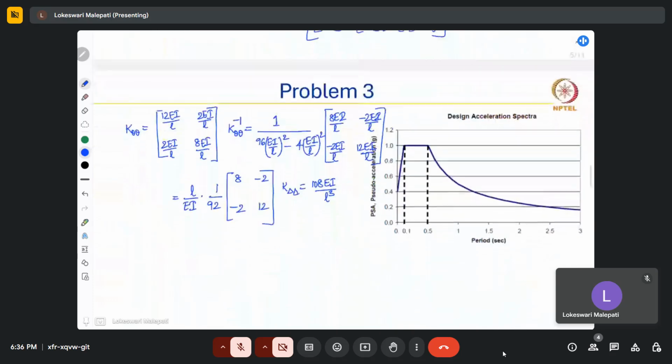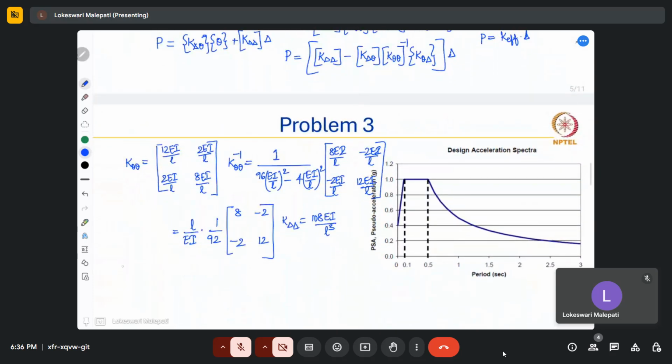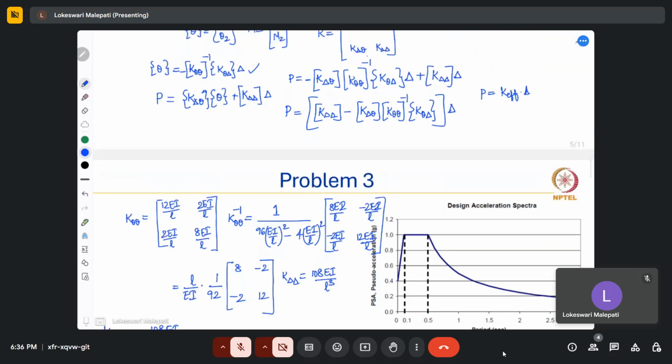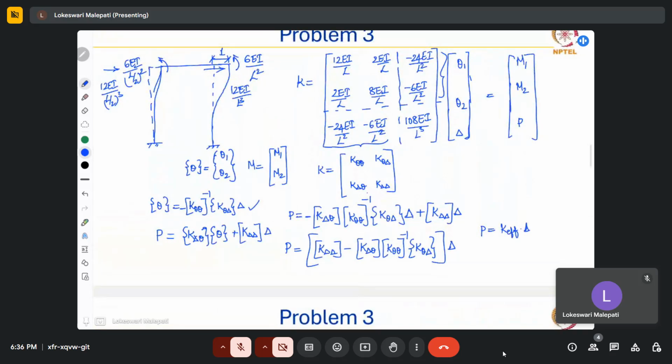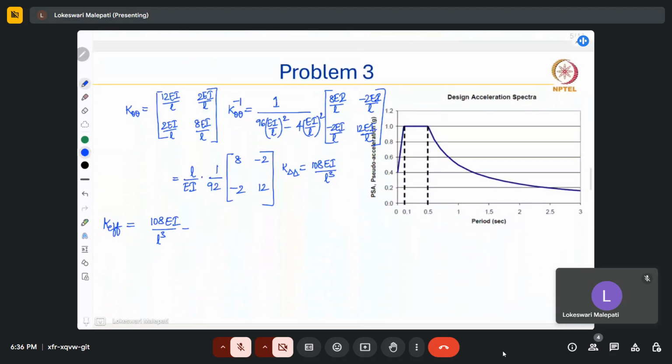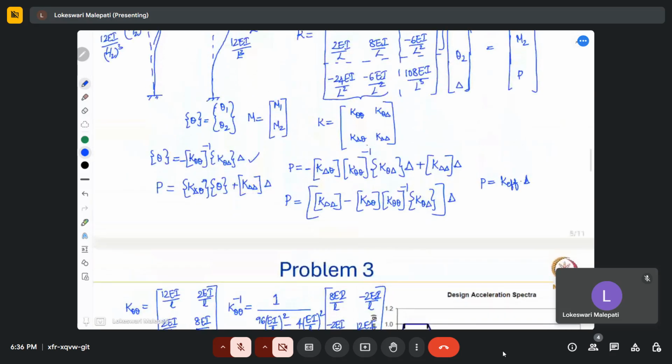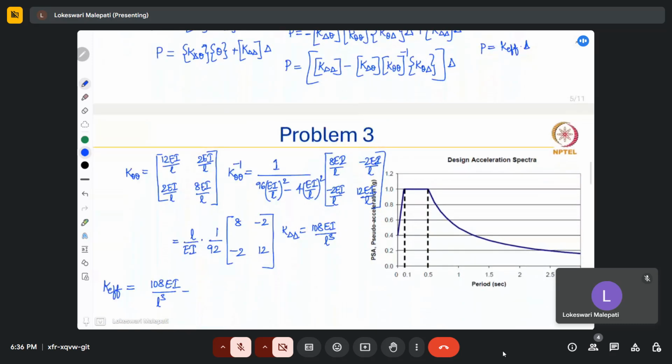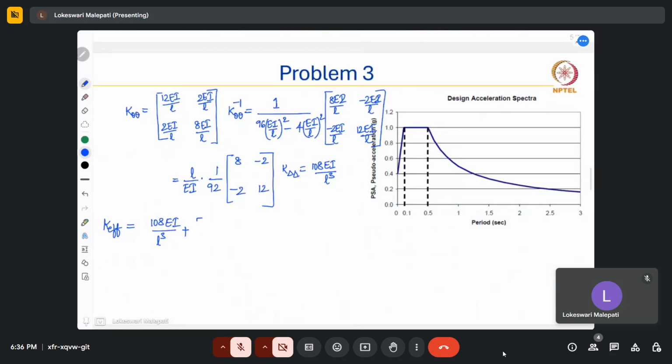So let's substitute all this in the k effective equation. EI by L cube minus, so k delta theta is this thing, which is minus 24 EA by L square. So we have both the minuses, so that would become plus 24 EA by L square and 6 EA by L square.